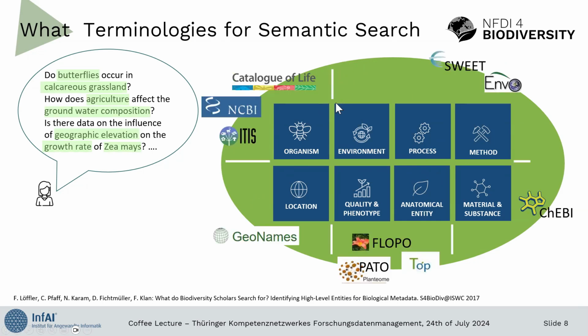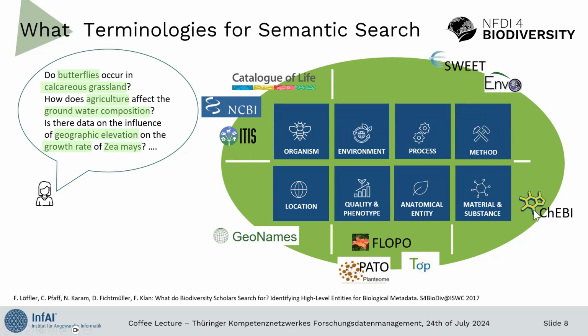So we looked at the terminologies that could cover such types of entities. For example, for organism, we have the NCBI taxonomy. We connected also to the Catalog of Life and ITIS. For environment, process, methods, most of those are covered by the environment ontology or the SWEET ontology.